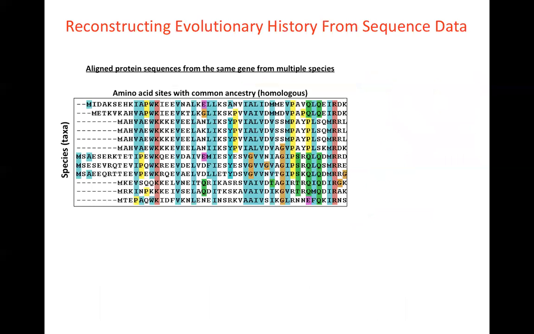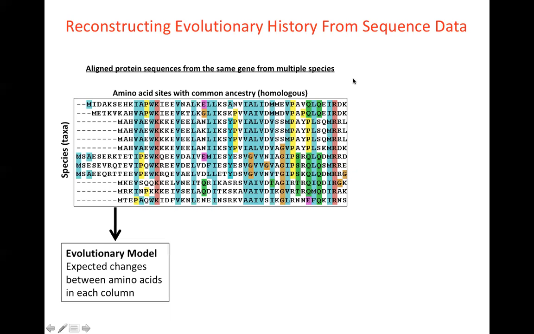Very briefly, what we do is we take aligned sequences, either DNA or protein sequences from organisms alive today, and we can therefore determine what individual sites within their alignment are homologous or share common ancestry. And then we simply look at the changes. What are the transitions between these different states? We apply an evolutionary model, some belief in the probability of expected changes between states.